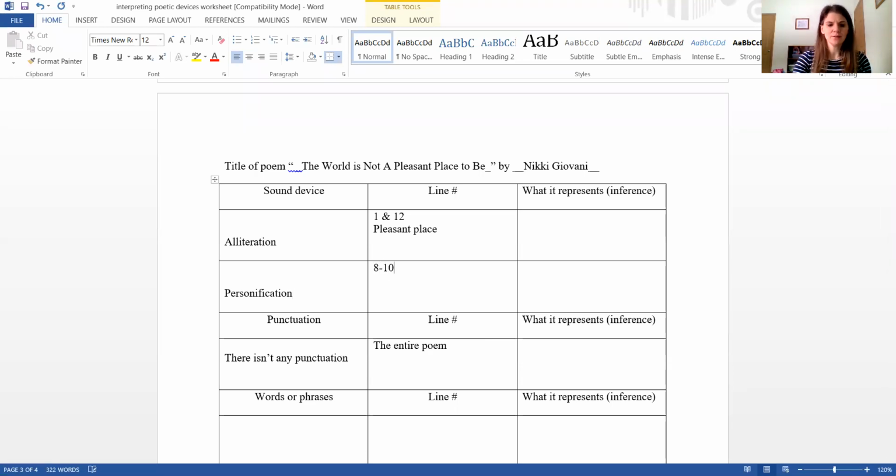Eight through 10, the ocean would never laugh if the clouds were there to kiss their tears.